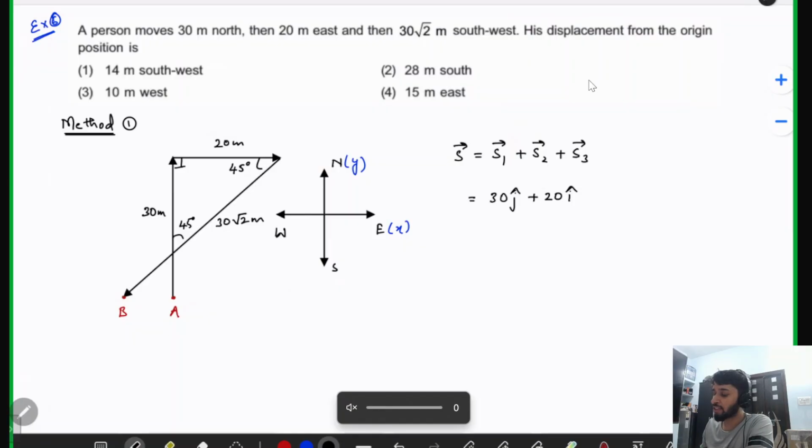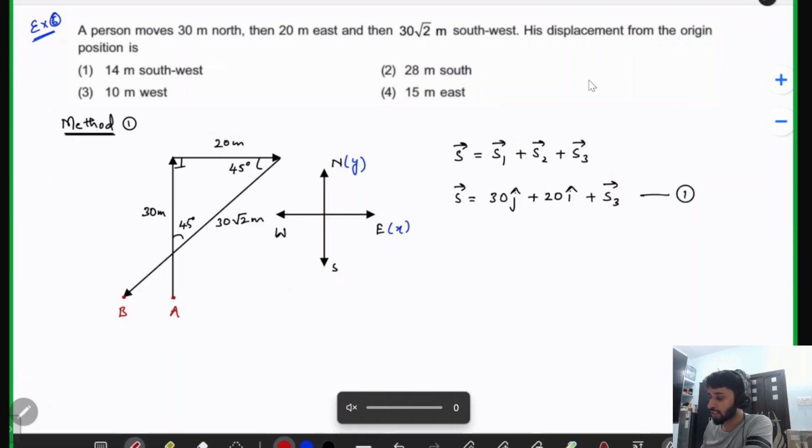Then s3 bar is 30 root 2 meter southwest. How exactly do we write it in vector form? For that, for now I'll just keep it as s3 bar. We'll calculate s3 bar separately. Now you look at s3 bar.